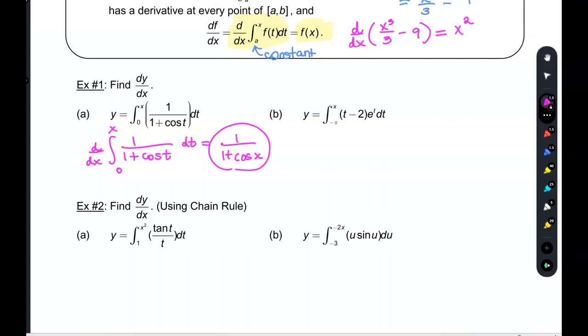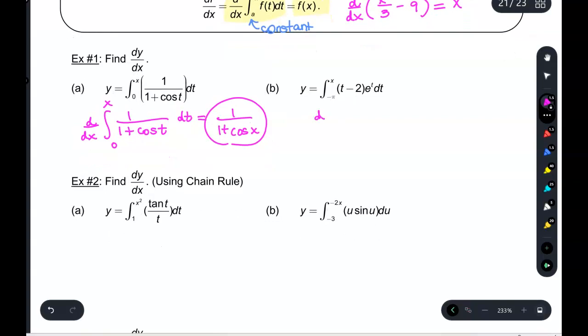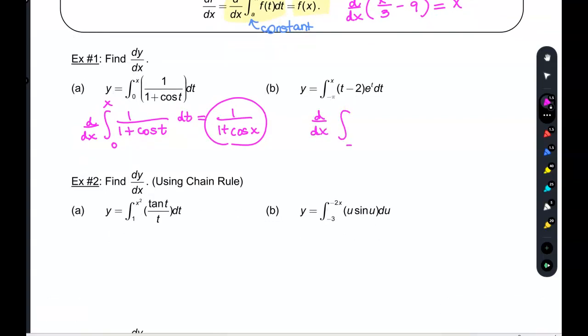No matter what, if we were to anti-differentiate this, as soon as we take the derivative, we're just going to get back what we started with, but with the new variable. And the 0 on the bottom doesn't matter, because ultimately when we do the derivative, it's going to go away. Same thing here. When we do d dx, and also if you want to just write dy dx equals, that's fine.